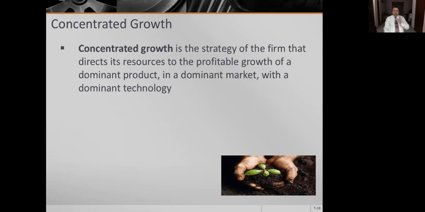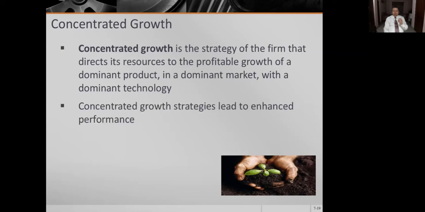This is the strategy of the firm that directs its resources to the profitable growth of a dominant product in a dominant market with a dominant technology, concentrated, focused. And if you really have this exploitation focus, as I gave you already in the exploration-exploitation framework, it is good for the performance, for sure, for the short term.